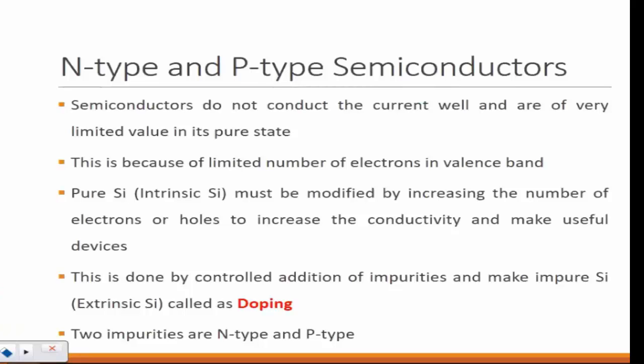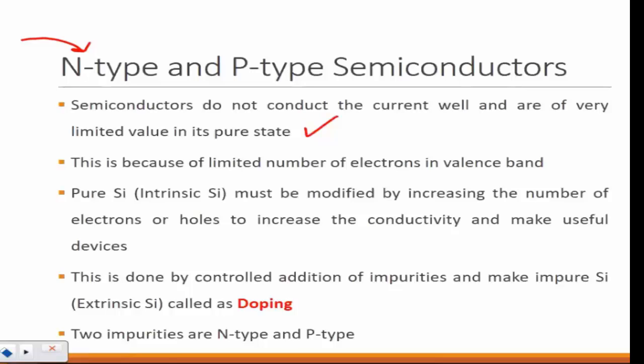These two are extrinsic types of silicon material, which are impure, meaning that some impurities will be added to the pure silicon. Pure silicon is in its perfect state. All you have is that little bit of electron current and hole current, not extremely high enough to have any decent current. So semiconductors do not conduct electric current very well, and even if they conduct, it's extremely small in their pure state.